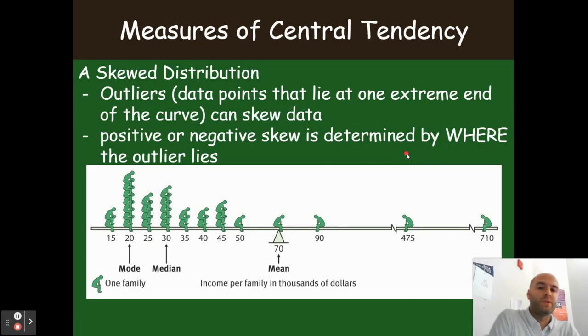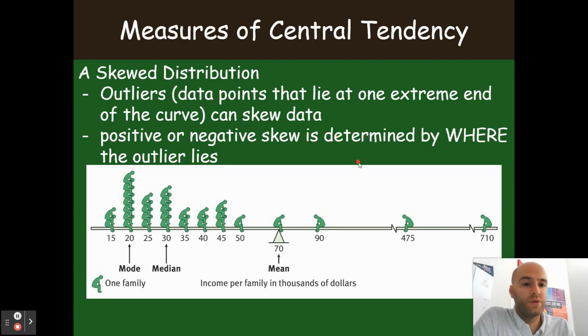Okay. As we continue our talk of measures of central tendency, we're not always going to have a normal curve in our results. Okay, so that might be something called a skewed distribution. And a skewed distribution occurs when there are outliers or data points that lie at one extreme end of the curve. And they can skew our data because they pull our curve in a certain direction. Okay?